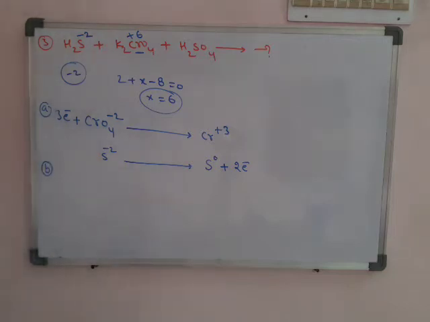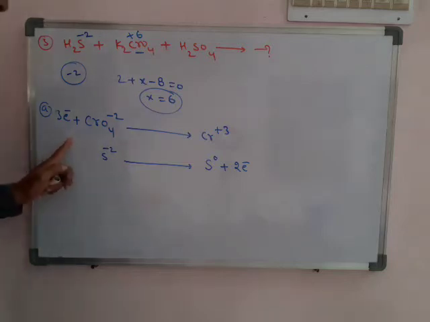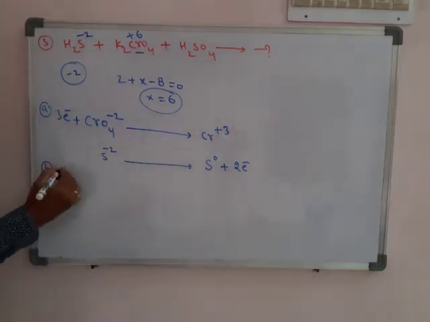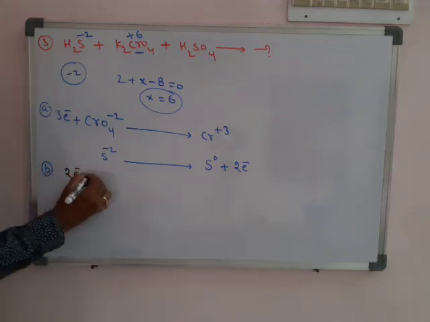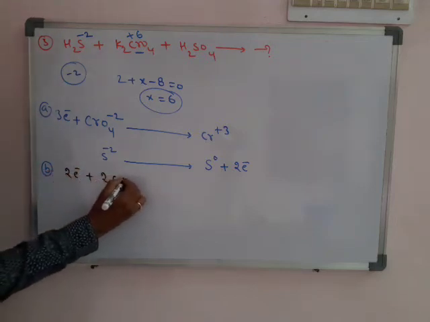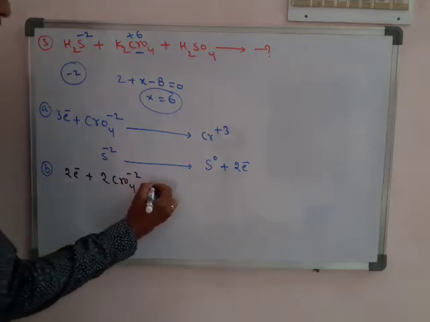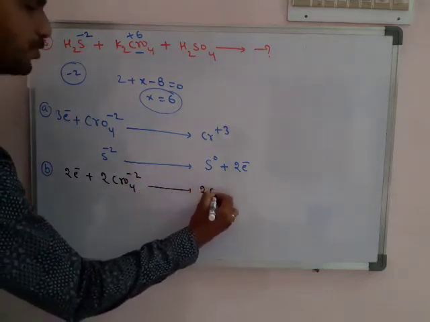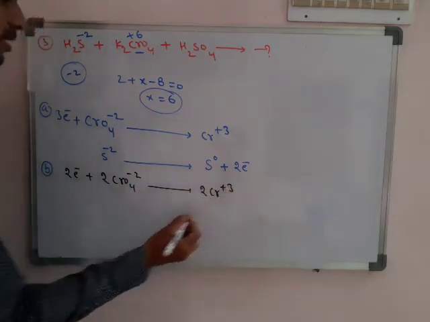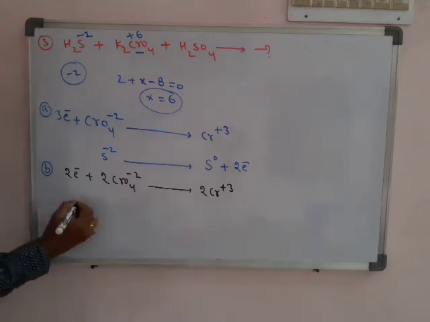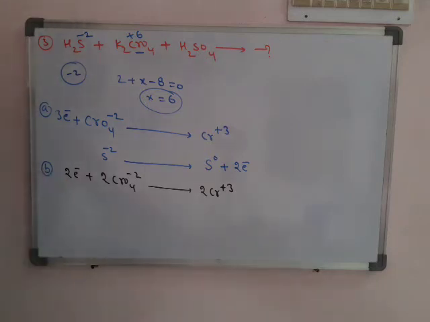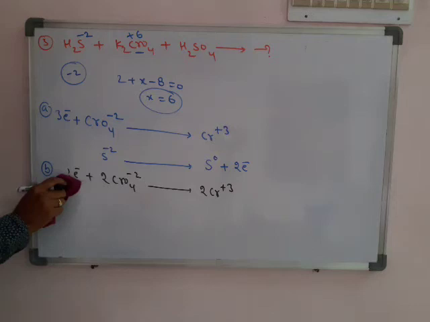Next, what is the step? Equalize the oxidation and reduction. Equalize the electrons in oxidation and reduction. That means gaining of electrons should equal losing of electrons. Here there is 3 and 2, we multiply this with 2. We know the process. 2CrO4 minus 2 becomes 2Cr plus 3, and balance this, we multiply with 2, it becomes 6.